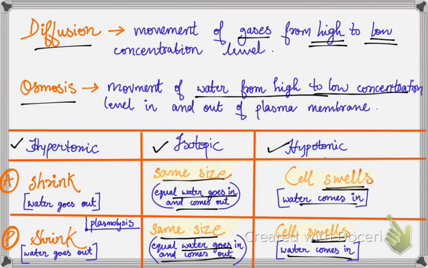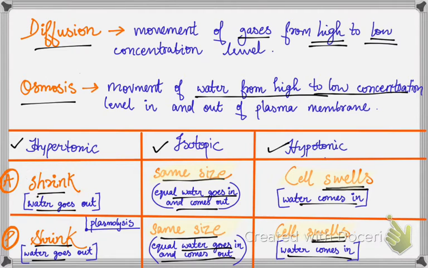After that, if the medium has lower concentration of water than the cell, that means the cell has higher and the medium has lower, then the cell will lose water by osmosis, and such a solution is called a hypertonic solution. And in this, more water leaves the cell, that's why the cell will shrink.